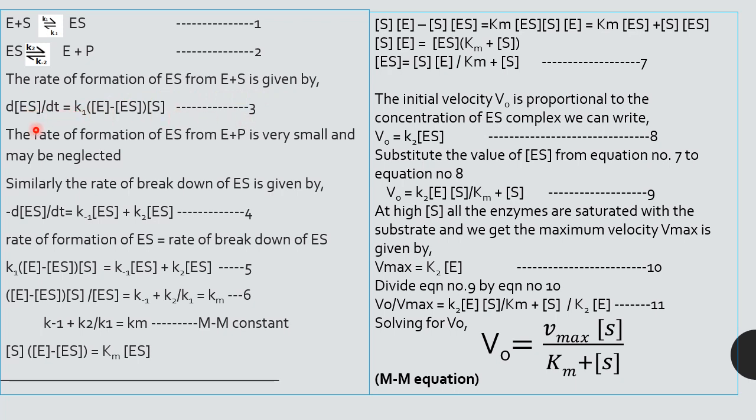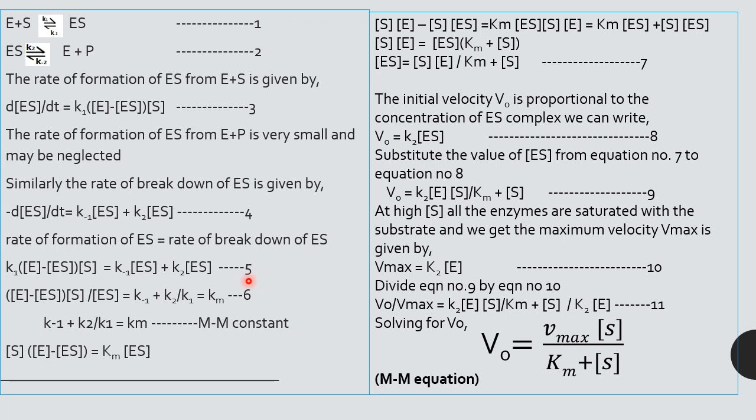The rate of formation of enzyme substrate complex from E plus P is very small and may be neglected. Similarly, the rate of breakdown of ES is given by equation number 4. Now, when the rate of formation of ES is equal to the rate of breakdown, that is, when the reaction system is in a steady state with the enzyme substrate concentration remaining constant, equations 3 and 4 give us equation number 5.